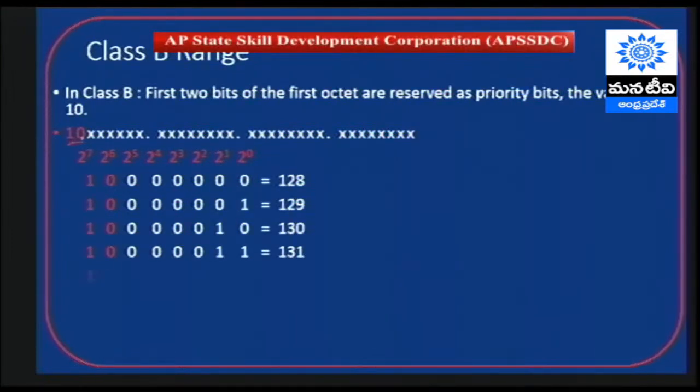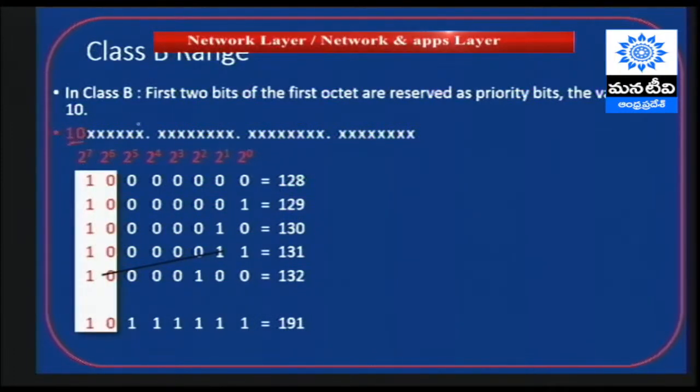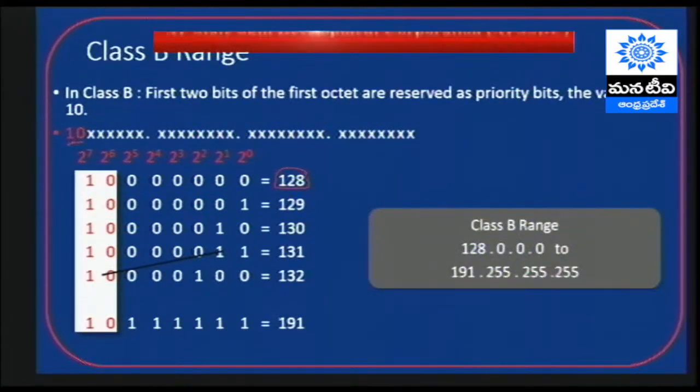So the value starts from 128, as the numbers 0 to 127 have been used up by class A. So class B IP addresses start from 128 and go on up to 191. This is the range of IP addresses for class B.